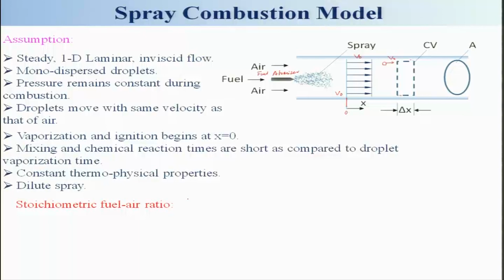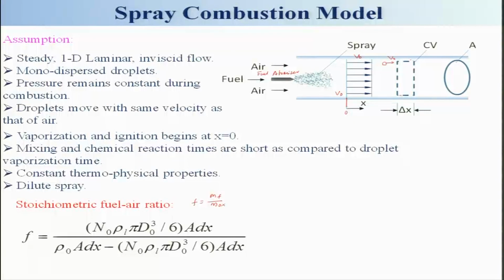We can find out the fuel air ratio, which is nothing but F equal to mass of fuel divided by mass of oxidizer, right, and that can be derived from here.